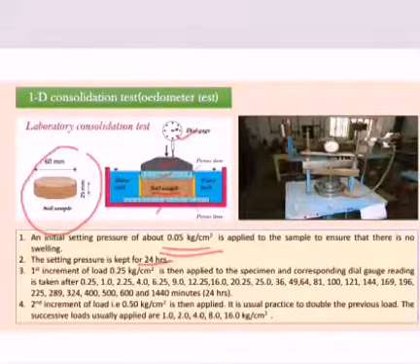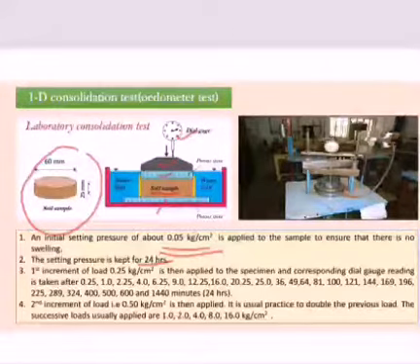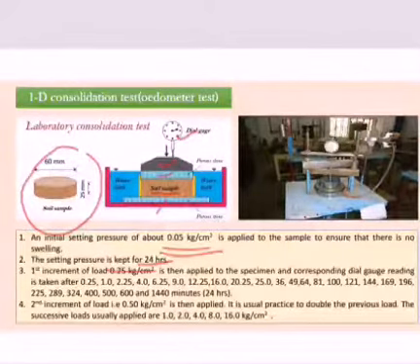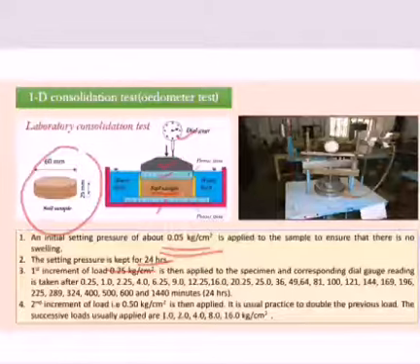Now, after applying the initial seating pressure of 0.05 kg per centimeter square for 24 hours, there will be increments of load. The first increment of load, 0.25 kg per centimeter square, is applied to the specimen, and the corresponding dial gauge reading is taken after 0.25, 1, 2.25, 4, 6.25 minutes, up to 24 hours.